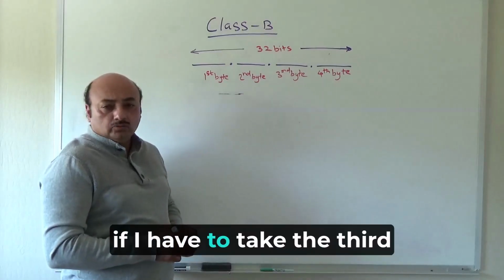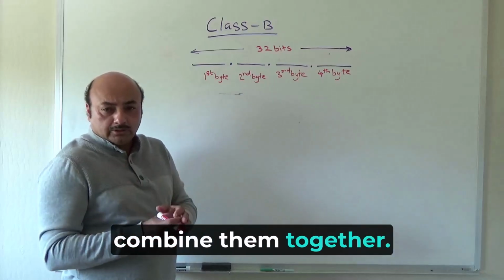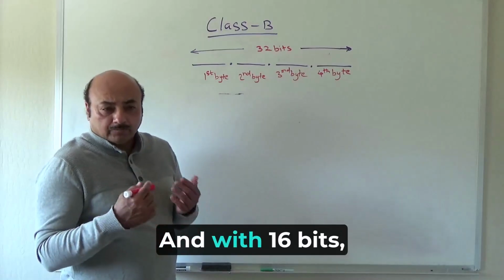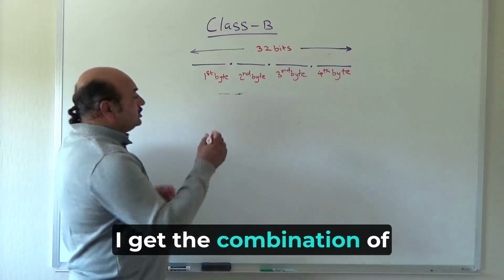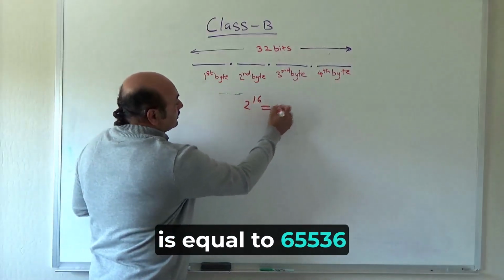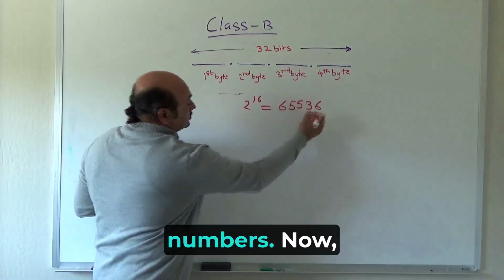So if I take the third byte and the fourth byte and combine them together, 2 bytes equal to 16 bits, and with 16 bits I get 2 to the power 16, which is equal to 65536 numbers.